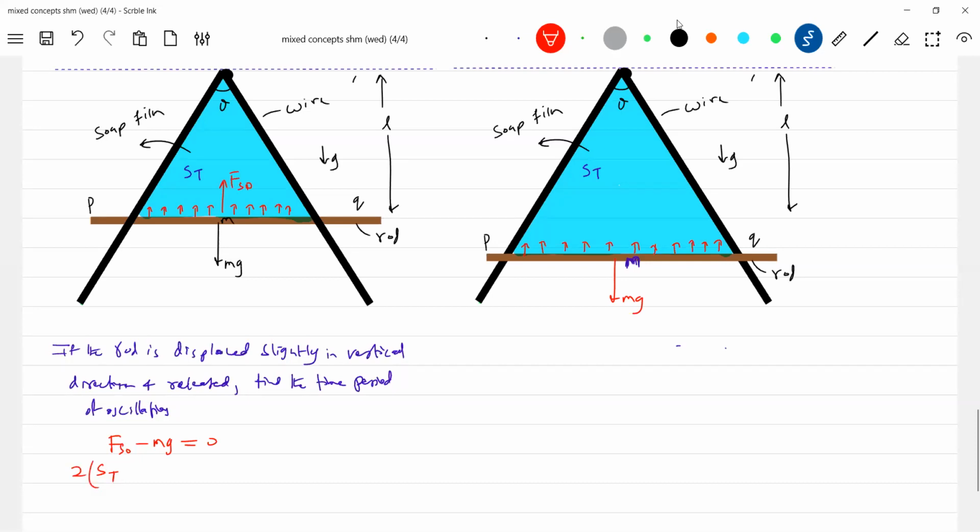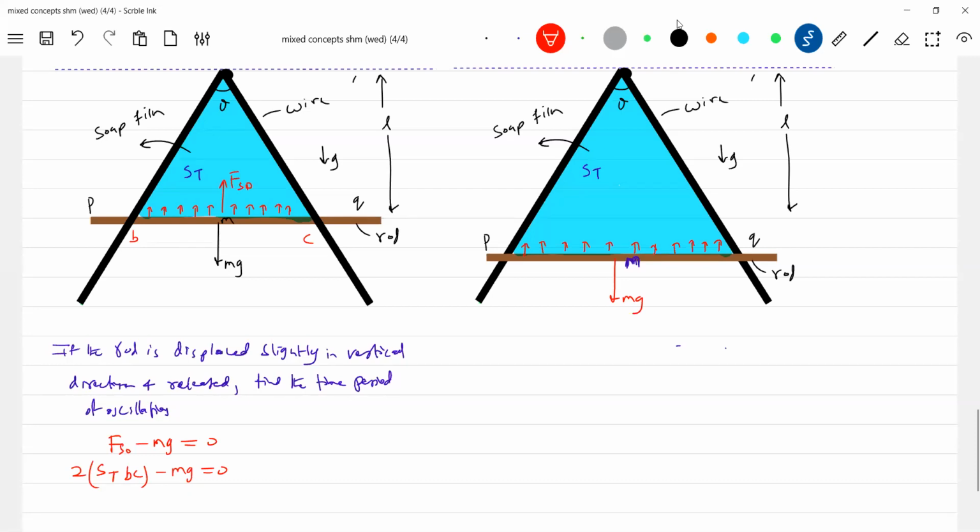What is the length? Length we don't know. Okay, what is the length? It should be BC, minus mg equal to 0. So what is that BC equal to?